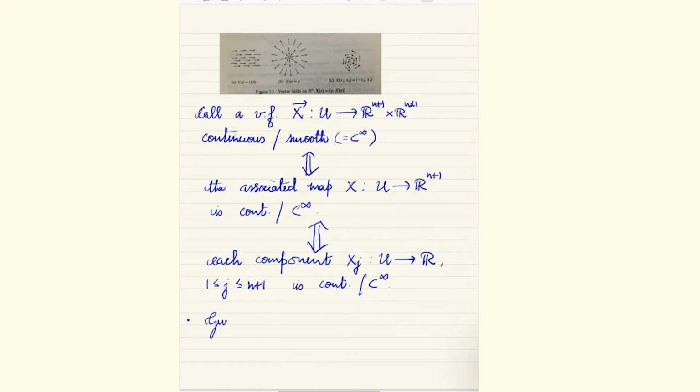So what we saw was, given a smooth vector field on an open subset of R^(n+1), we saw n plus 1 smooth functions on U. On the other hand, given a smooth function on U, so U is open, I won't mention it every time, we have an associated smooth vector field, which is called the gradient vector field.